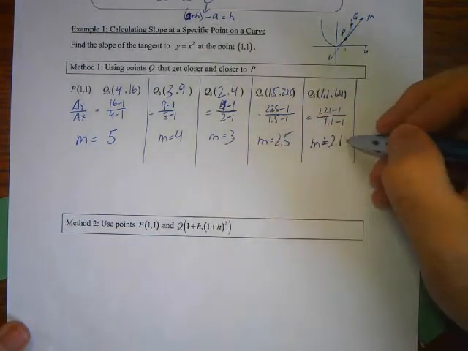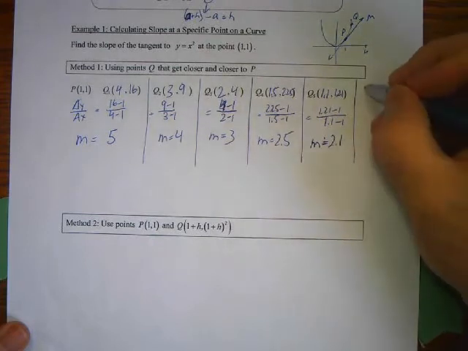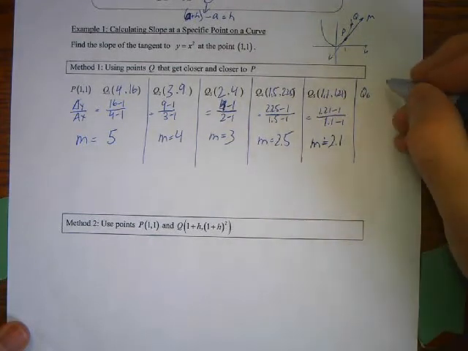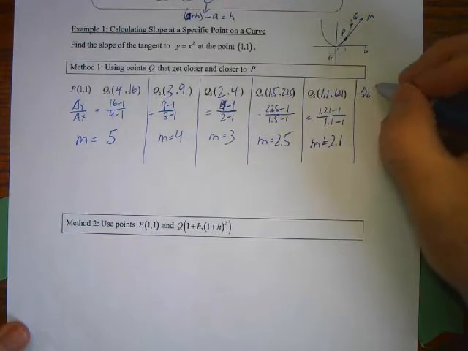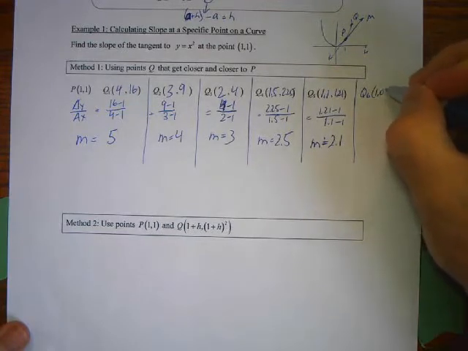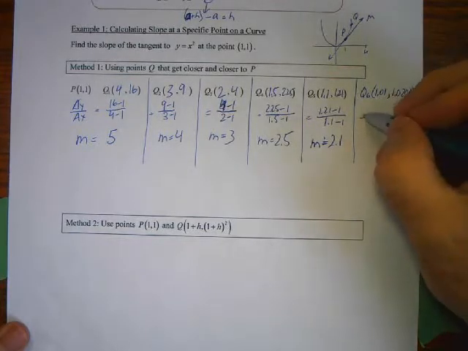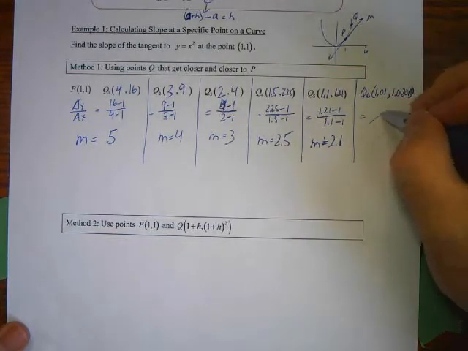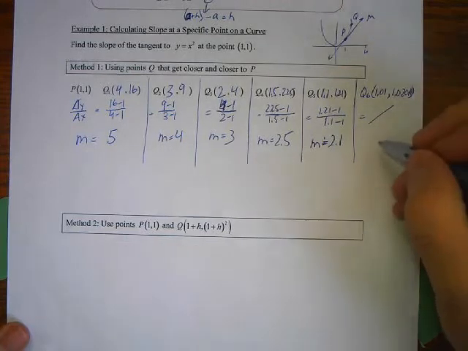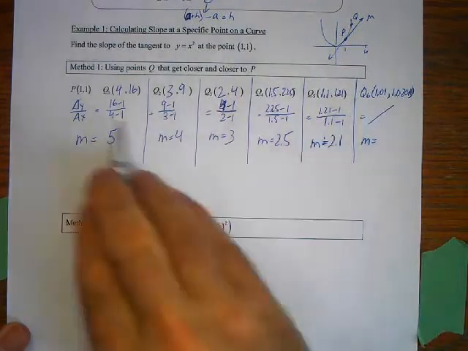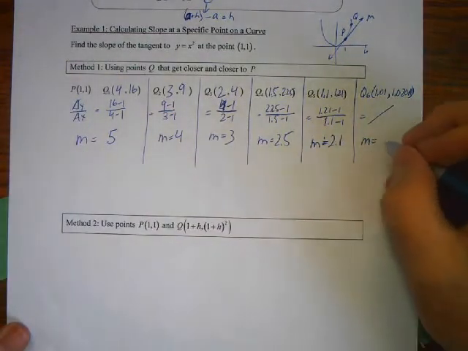Let's try one more point, Q6, really close: 1.01. If I square that, I get 1.0201. I won't do the whole calculation, but the slope between Q6 and P would be approximately 2.01.